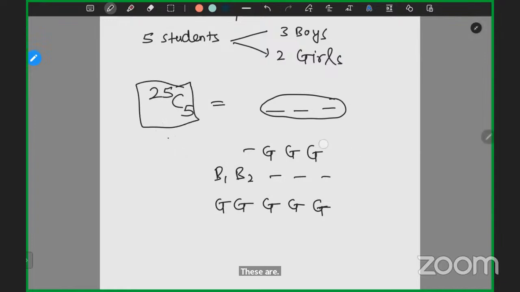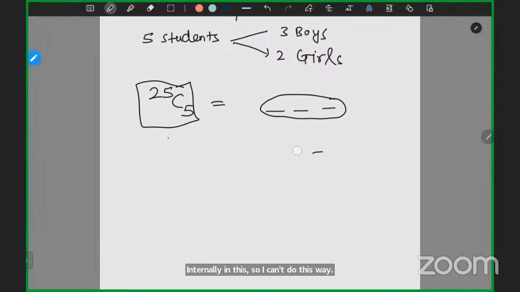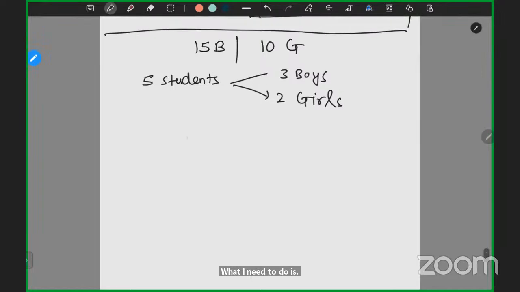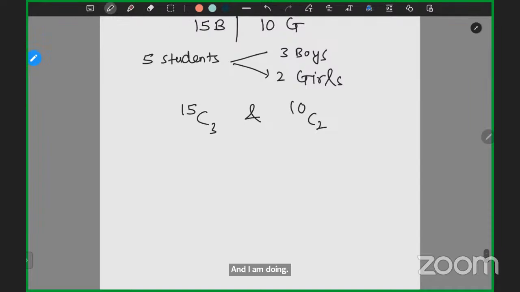What I need to do is this: we have 15 boys, we choose 3 from that, and out of 10 girls I choose 2. And we know from the addition and multiplication rules that 'and' is multiplication. So this is the shorter way.